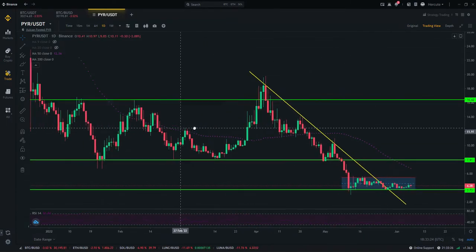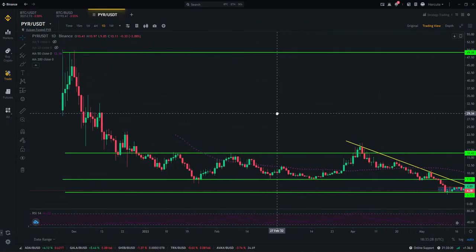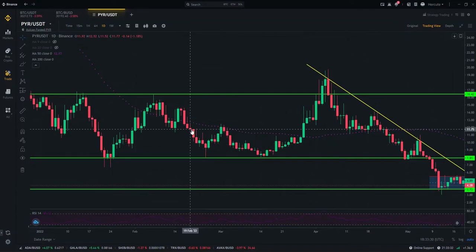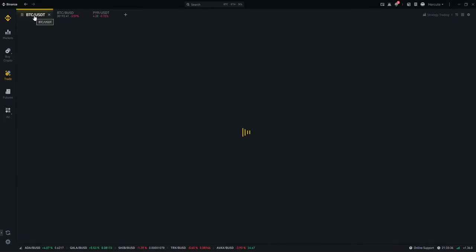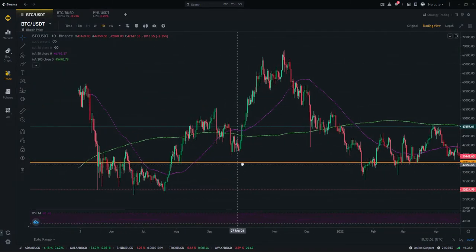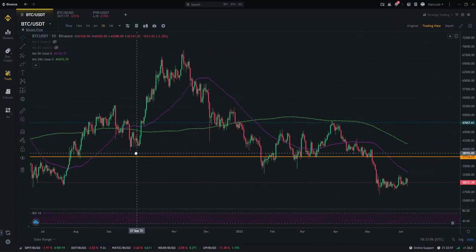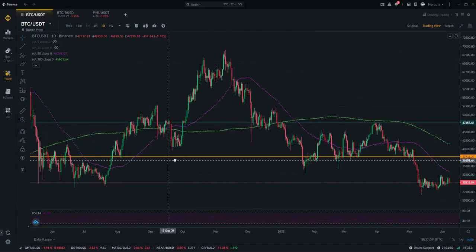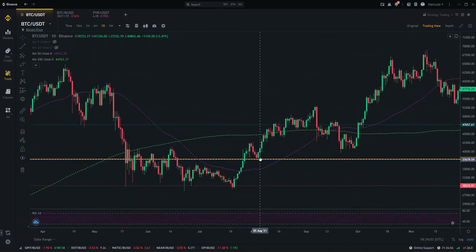Let me see if we have a good example here. Well, the price has not been able to break beyond with the data that we currently have. Let me search for BTC. Okay, we have a very perfect one here. I had drawn a very good resistance area where the prices were unable to break above this point.